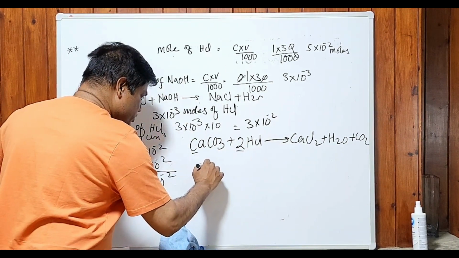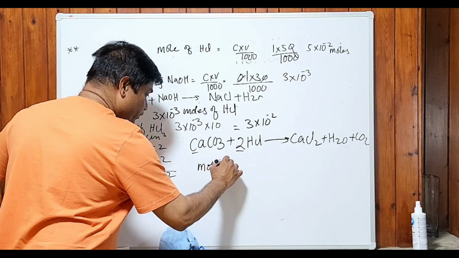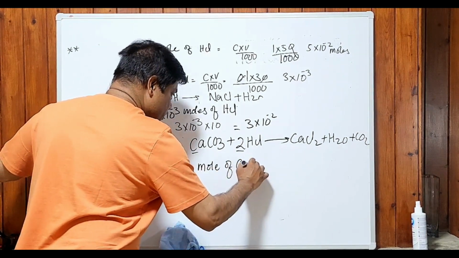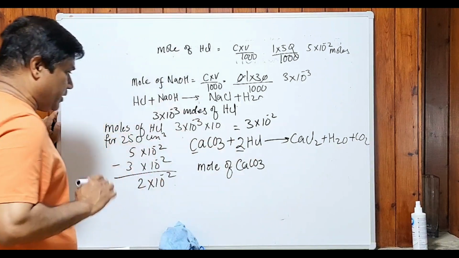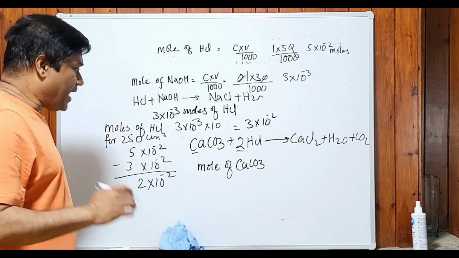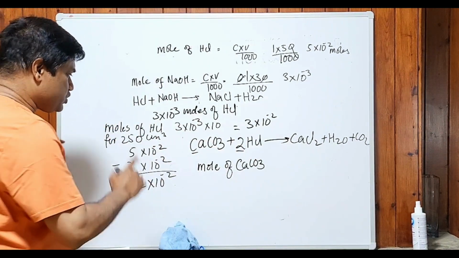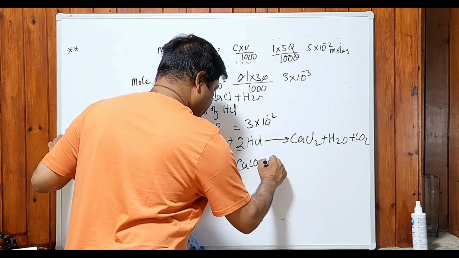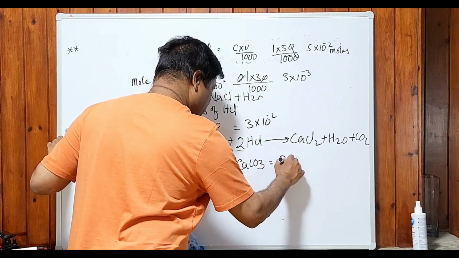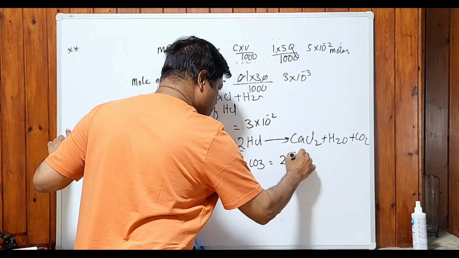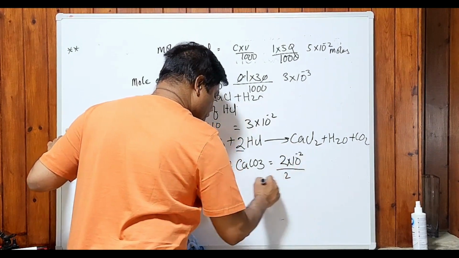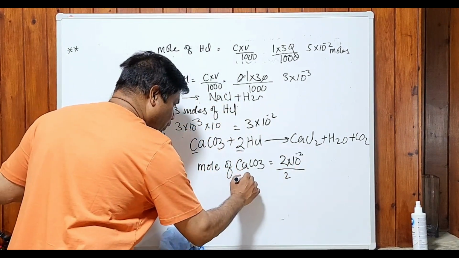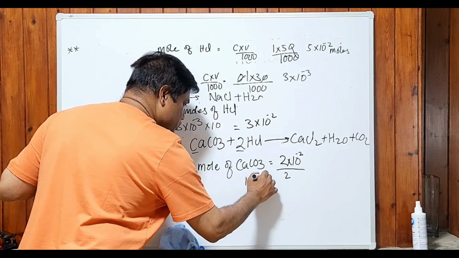So moles of CaCO3, the pure form of CaCO3 that is only reacted. Moles of CaCO3 equals 2 into 10 to the power of minus 2 divided by 2, i.e. 1 into 10 to the power of minus 2.